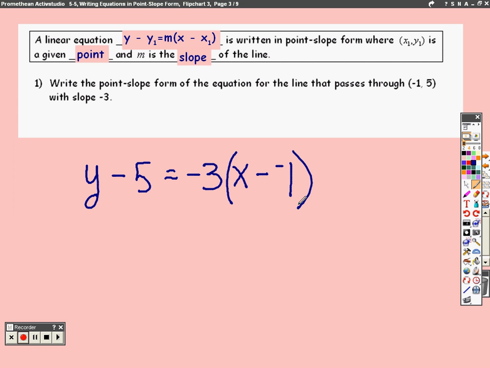And we need to rewrite that to get rid of the two negative signs. We just end up with y minus 5 equals negative 3 times x plus 1. That is the point-slope form of the equation for the line that passes through the point negative 1, 5 with a slope of negative 3.